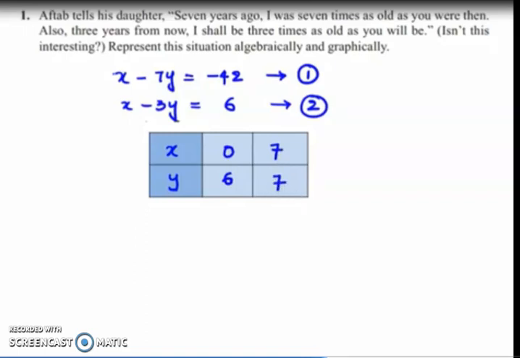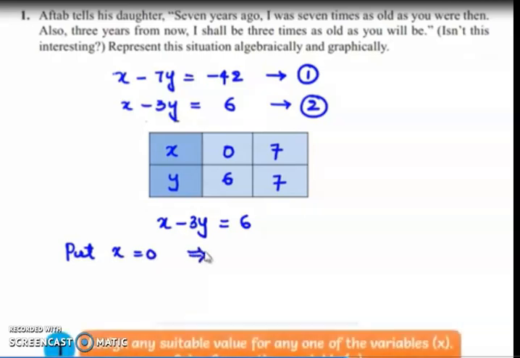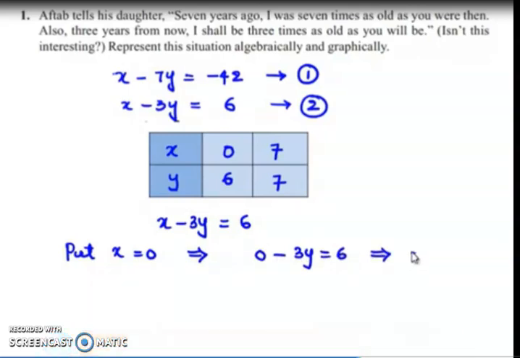I'll proceed the same for the second equation. For equation number 2, when I take x is equal to 0, then 0 minus 3y is equal to 6. This is 3y is equal to minus 6, so y is equal to minus 2.